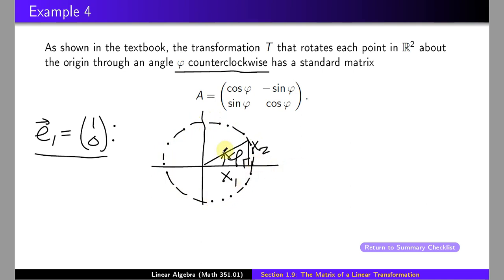So this is the unit circle. This distance has to be 1. Okay, so we are starting at 1, 0, rotating through an angle phi, like we've indicated right here, and here's where we end up. So we end up at some location x1, x2. Right there, which is right here. So there's the vector. That's where we end up at.